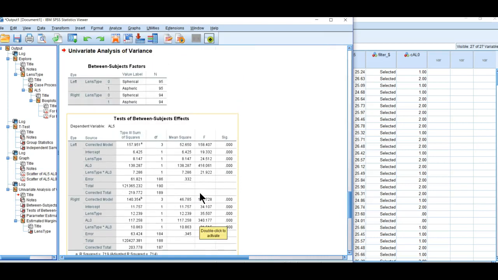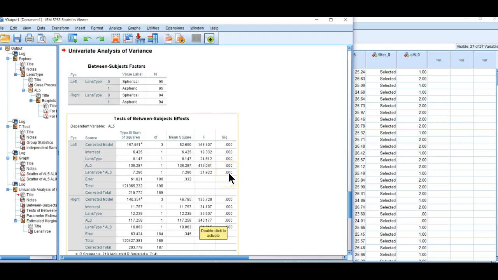And so what we get, we have our intercept term, just like we would in a regression. Lens type is very significant. Axial length at baseline is significant. But the lens type by axial length interaction is significant.